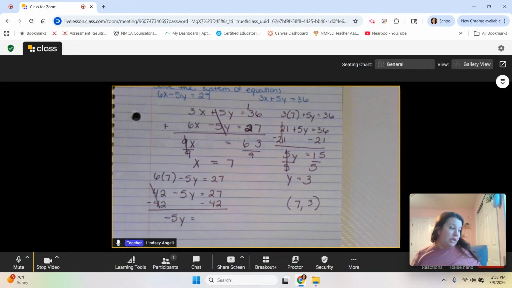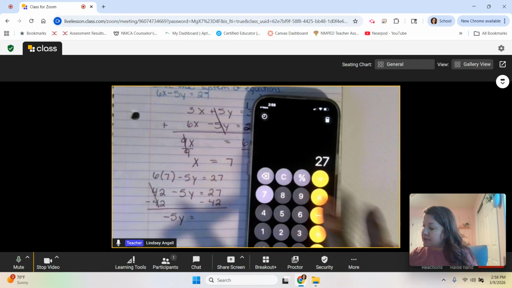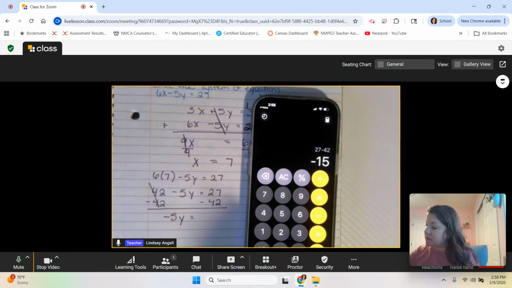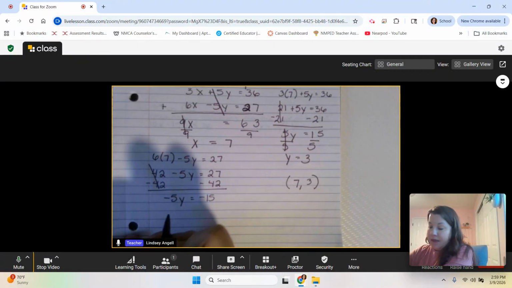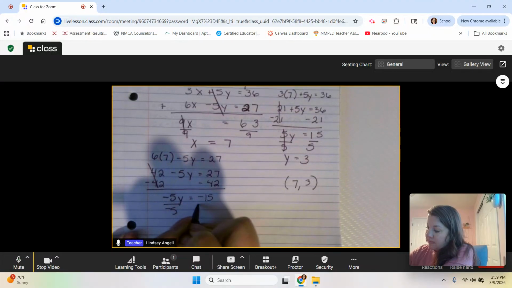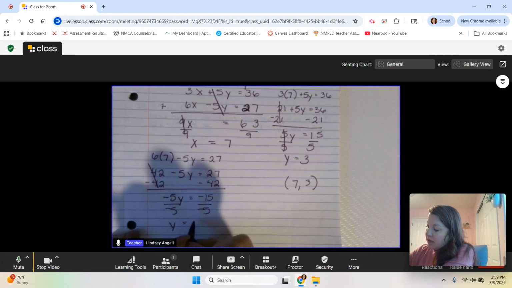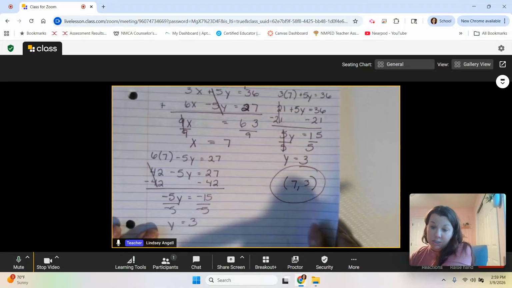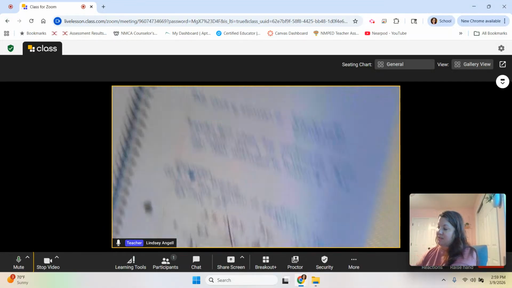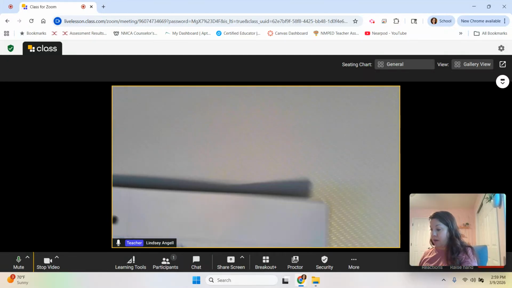Even if you wanted to, you could do it on a calculator. 27 minus 42, if you don't feel like dealing with those negatives, gives us negative 15. Divide both sides by negative 5. y equals positive 3. So either way, that's our solution. Okay? And there was just one solution on that one.